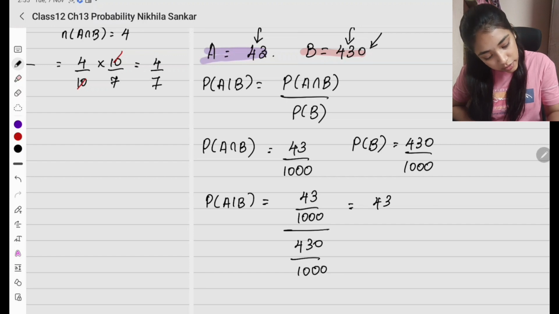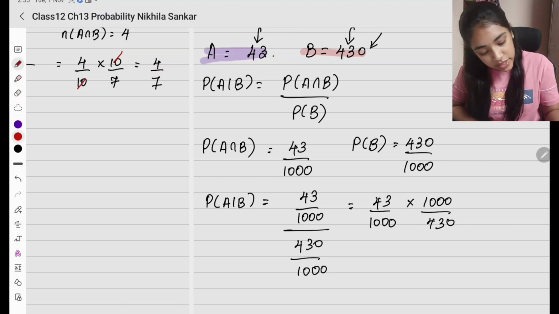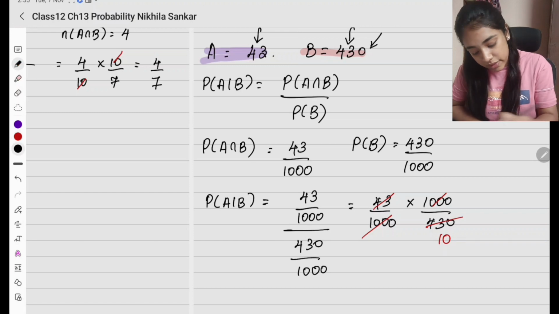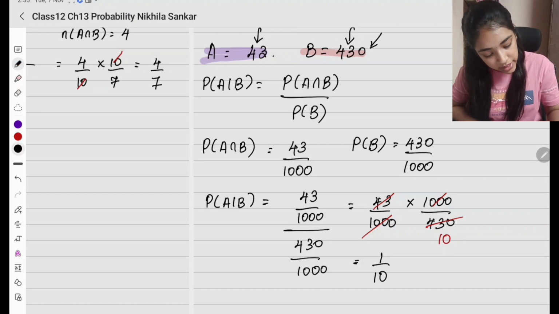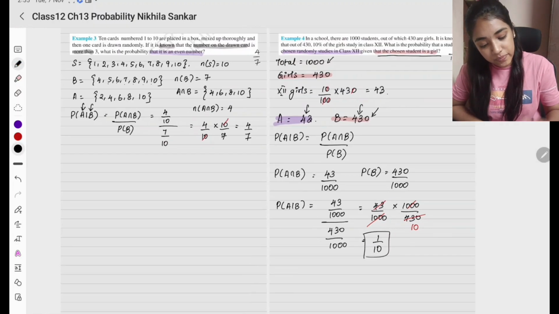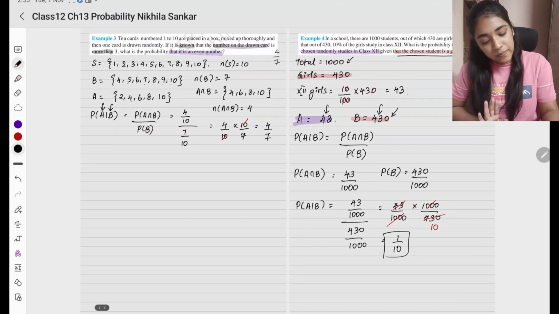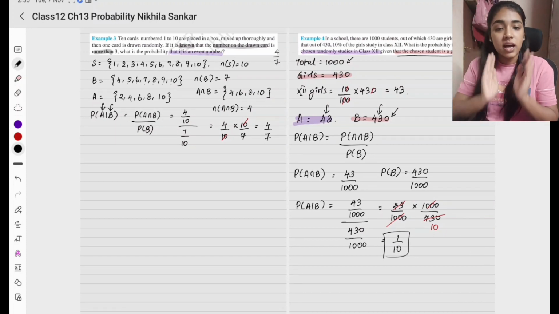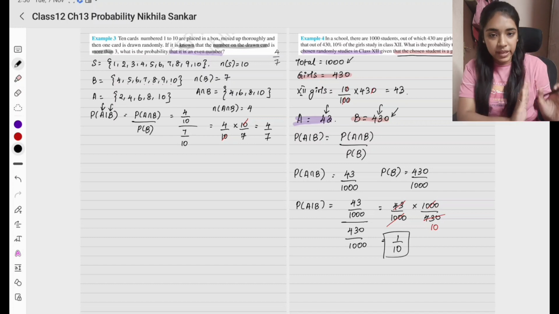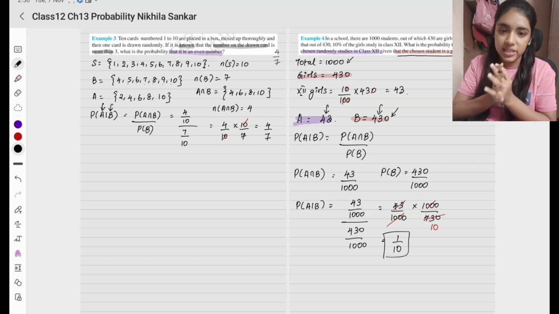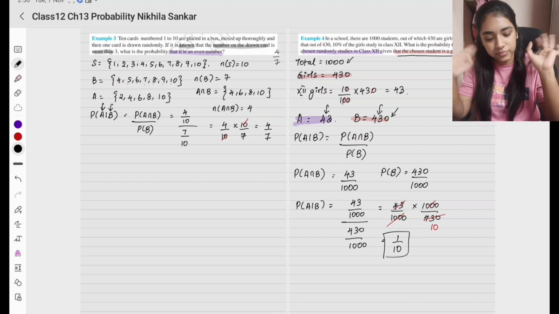So this is 43 divided by 1000 into 1000 divided by 430. So இது எப்படி simplify பண்ணலாம்? இது cancel ஆயிடும். 43 10 times. So what will I be left with? This is 1 divided by 10. This is my final answer. புரிஞ்சுதா? Clear? First என்னென்ன கொடுத்திருக்காங்கன்னு எழுதிட்டு அப்புறம் event A என்ன, event B என்ன, அதோட probability என்ன, அதோட intersection என்ன, இவ்வளவுதான். Okay? Simple.